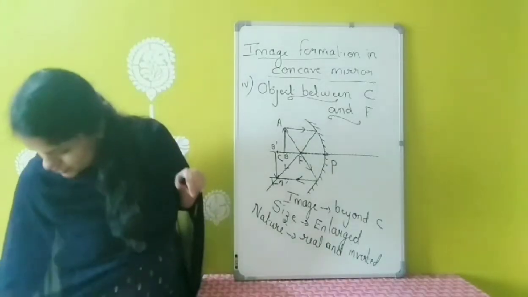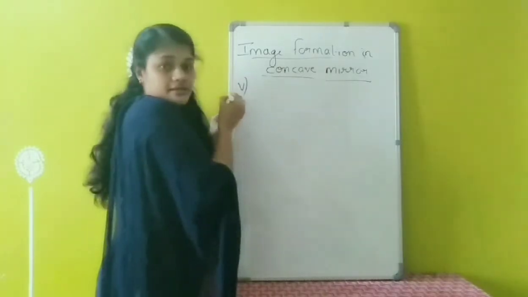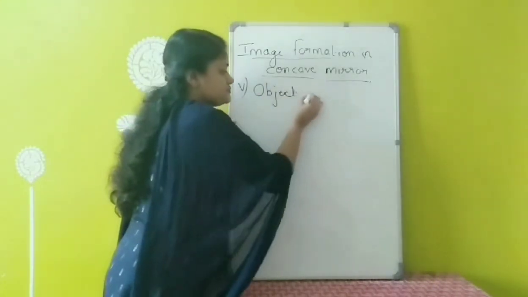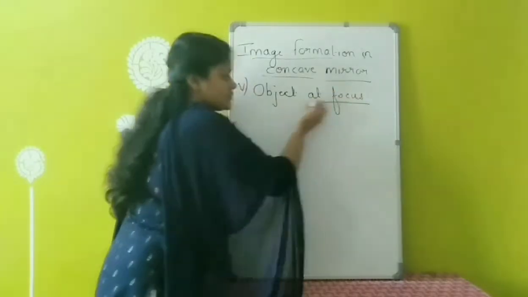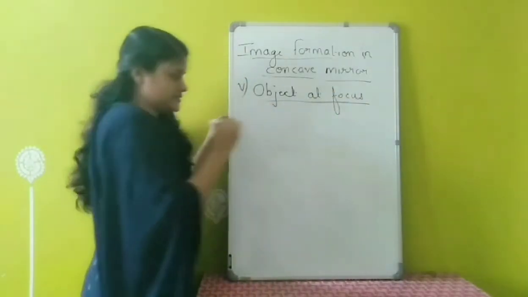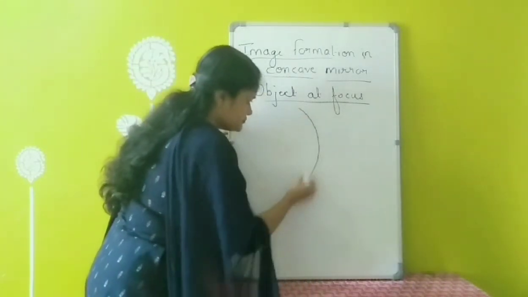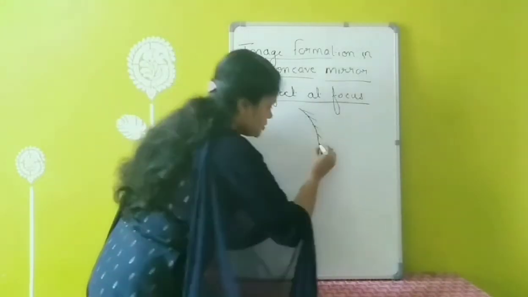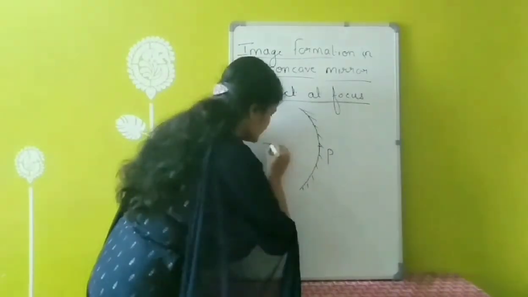Now the fifth one, object at focus. So the object we are placing at focus. Consider one concave mirror, pole, and I am drawing the principal axis.